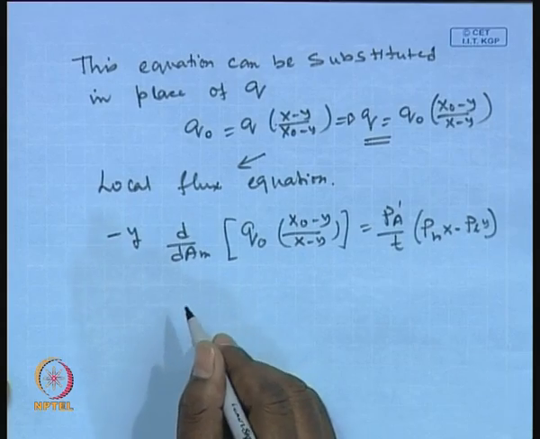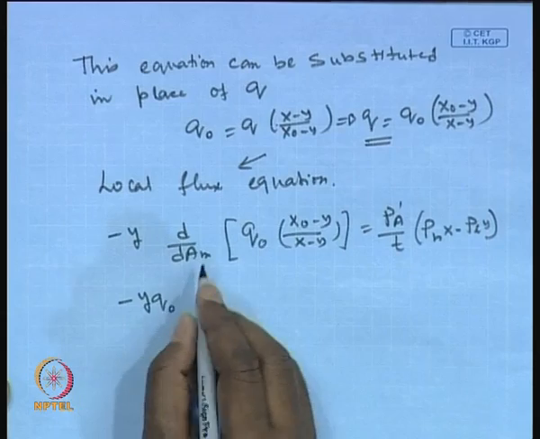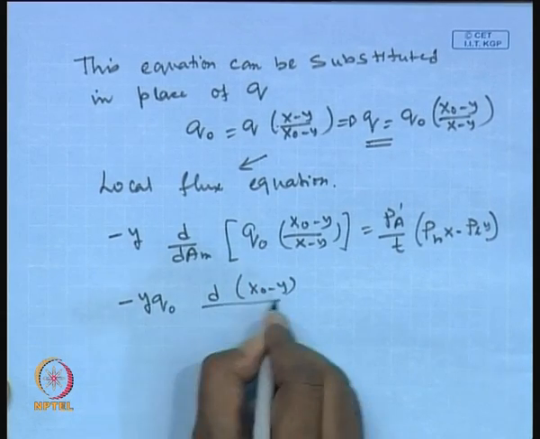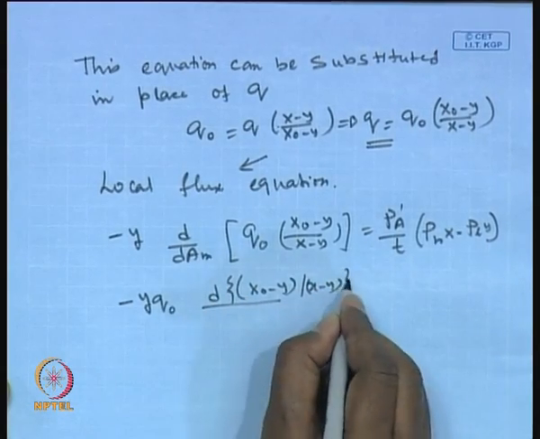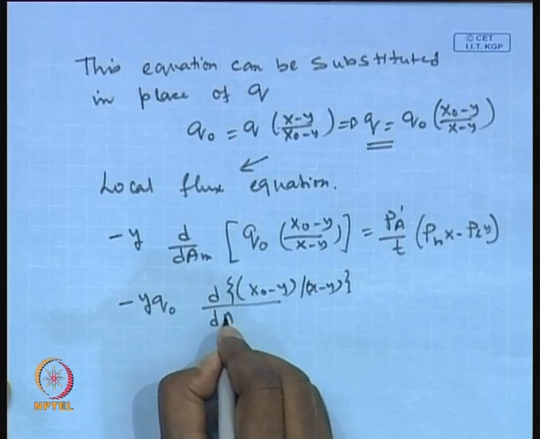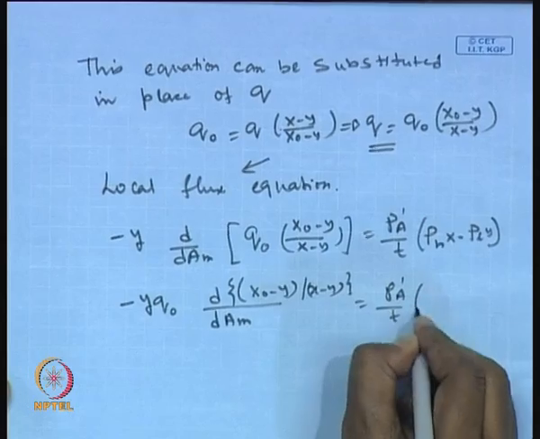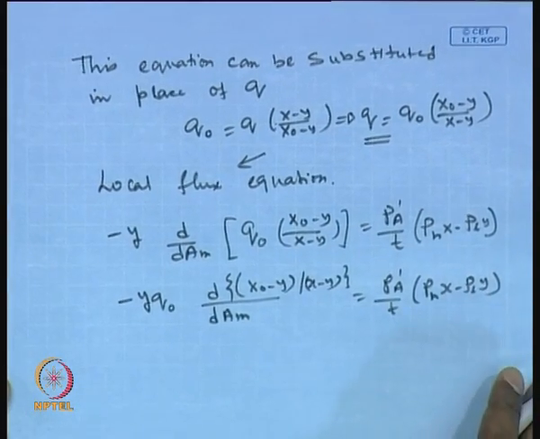Okay. So, this can be further simplified as minus y q_0 d[(x_0 minus y)/(x minus y)] within bracket dAm is equal to P_A prime by t (P_H x minus P_L y).